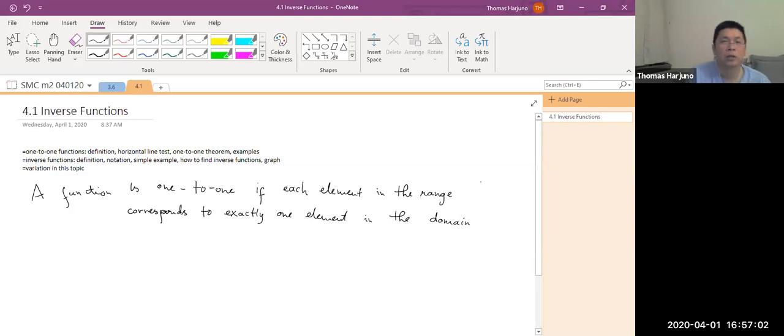Okay, now let's review a little bit about the definition of function.